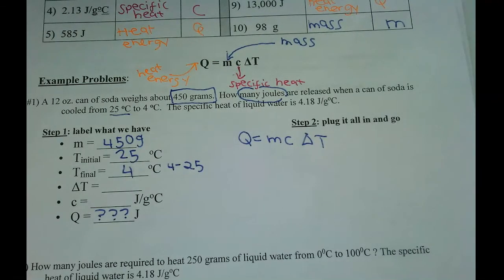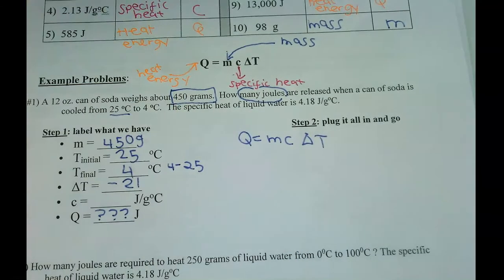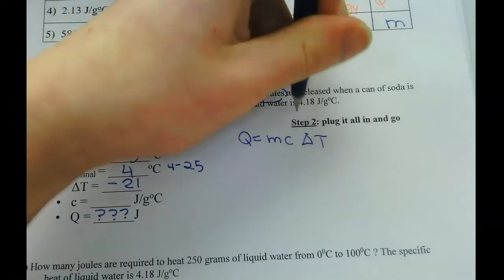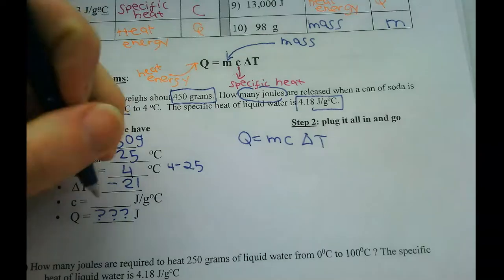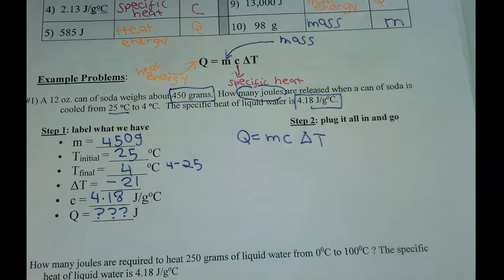If you aren't sure about working with the negative numbers, remember the calculator will do the work for you. So it is minus 21. And our C is given to us, it is 4.18. Then we can plug it all in and go.